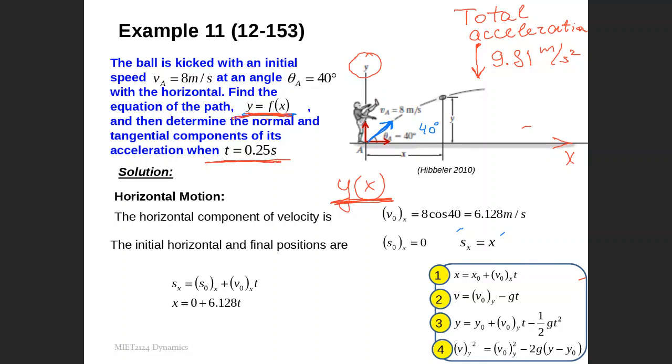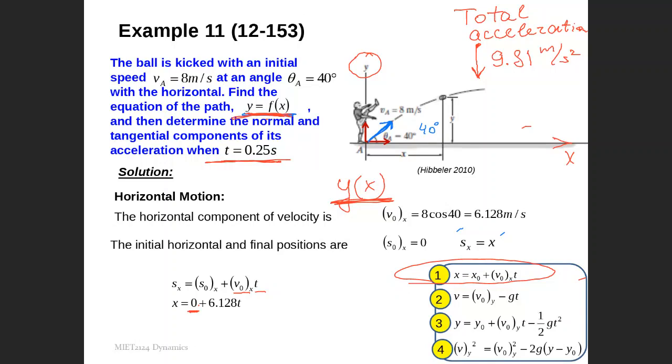So we are going to write two equations, one for horizontal motion and the other for vertical motion, and then put them together. I take equation number 1 and substitute data. The initial position is assumed to be 0. We put the coordinate system at the initial point. And then we have the component of velocity multiplied by time.